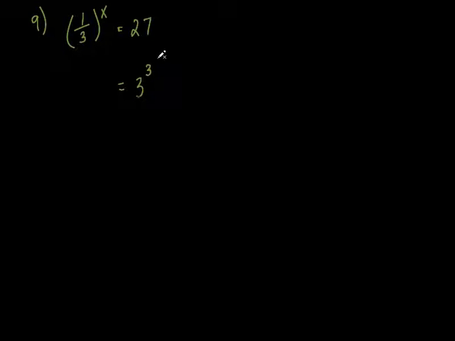It's not 2 to anything. It's not 9 to anything. 3 to the third is about the only thing I can think of if you take a base to a power. Problem is, that base right there is not a 3, is it? It's a 1/3. So I'm going to have to do something with that. How in the world could I change 1/3 so that it's a 3?